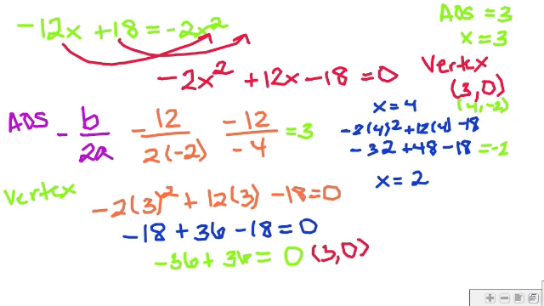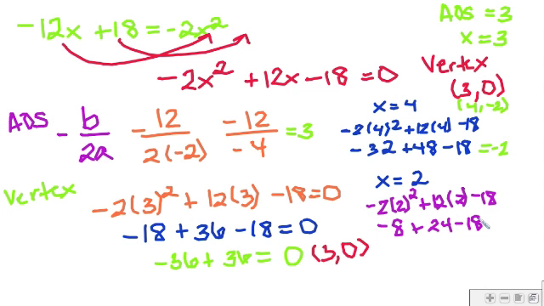Now let's find our next point that we will plot. Plugging in the 2's, I'm going to get negative 2 times 2 squared plus 12 times 2 minus 18. 2 squared is 4. 4 times negative 2 is going to be negative 8, plus 24, minus 18.